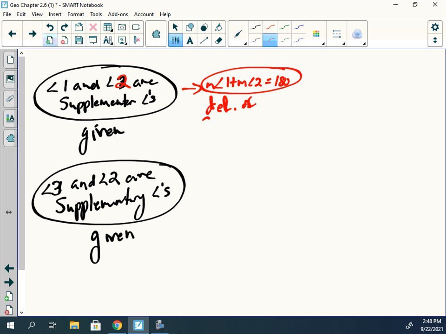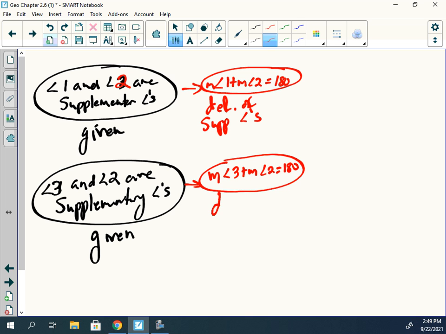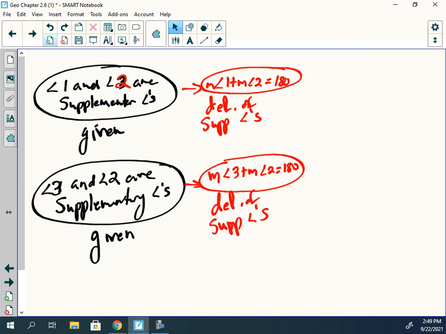Definition of supplementary angles. And the same thing for 3 and 2. The measure of angle 3 plus the measure of angle 2 is equal to 180. Definition of supplementary angles. Those just flowed from the start.